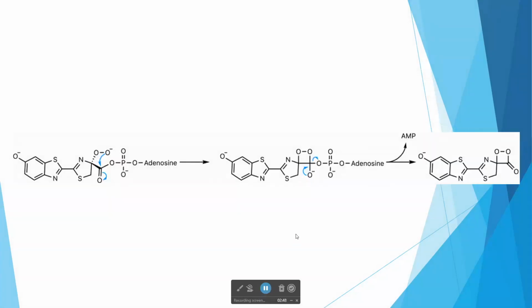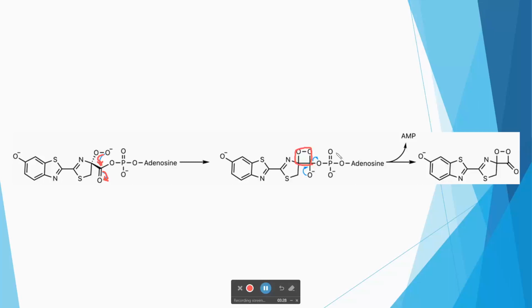The third step in this mechanism is characterized by a nucleophilic acyl substitution by the hydroperoxide. Now, it attacks this carbonyl on the luciferin molecule because carbonyls are susceptible to attacks due to being somewhat electron deficient from the pull of electrons heavily towards the oxygen. And what this does is push electrons up onto the oxygen, creating a negative charge and creating a tetrahedral intermediate, which we see right here.